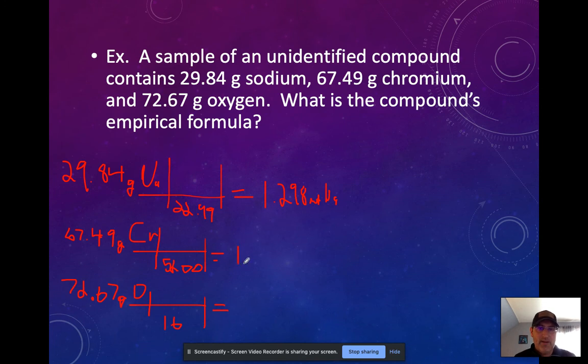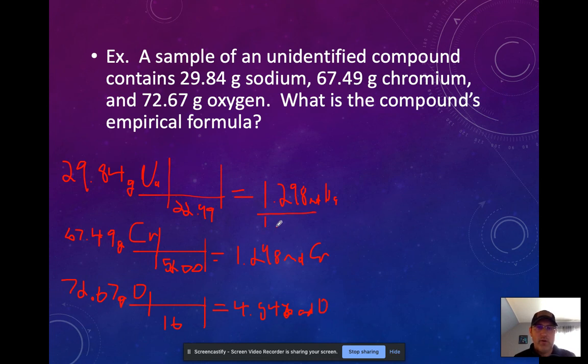Same thing, 1.298 moles of Cr. And lastly, 72.67 divided by 16, 4.542. That's going to be moles of O.